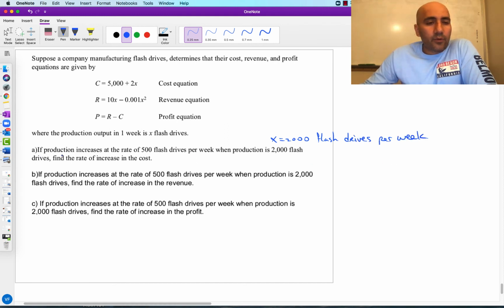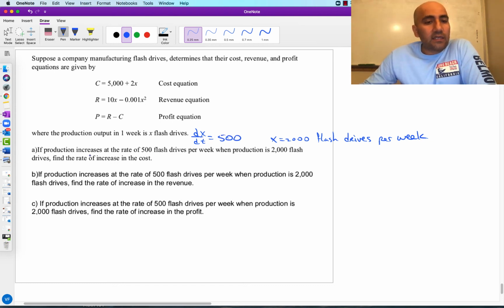And now if the production increases at the rate of 500 flash drives per week, that would be a derivative of the x variable, a change in the x variable in a week's time. This is kind of the velocity of the production. So this is going to be dx/dt equals 500. Now remember, the sign is important, so pay attention to it.